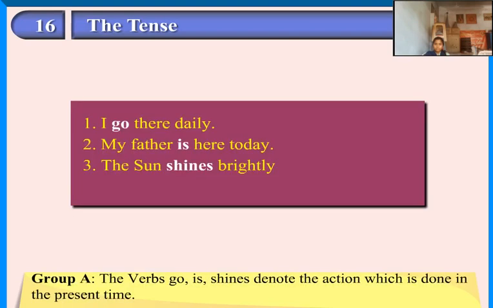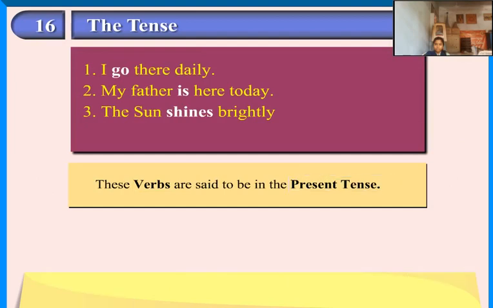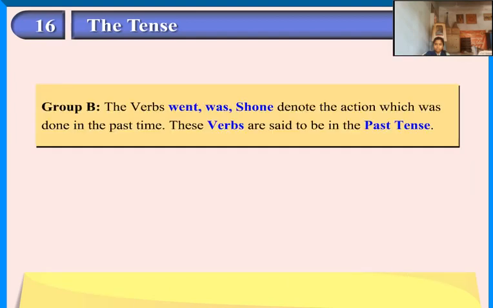Group A. The verbs go, is, shines denote the action which is done in the present time. These verbs are said to be in the present tense. Group B. The verbs went, was, and shone denote the action which was done in the past time.